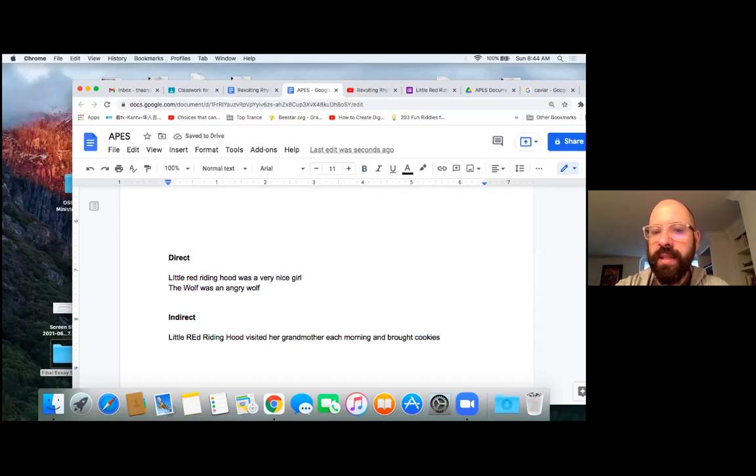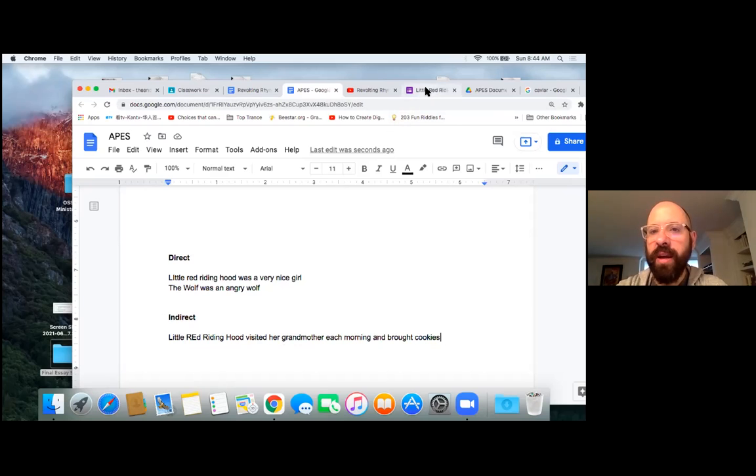You read this sentence, the writer, in this case me, doesn't say who Little Red Riding Hood is, doesn't say what type of girl she is, but he writes something about the way she acts. We look at the story, we read it, and we say, we don't know for sure, but a girl like this seems to be what? She seems to be kind, or she seems to be generous. That's how we learn about the character. That's called indirect. And those are the tools we have to learn about the character.